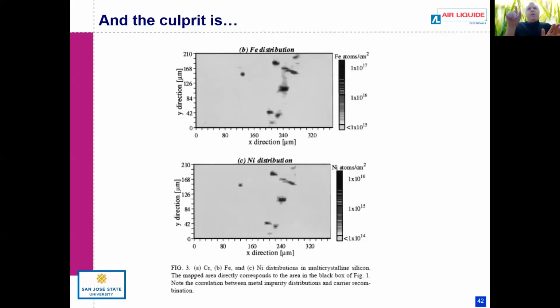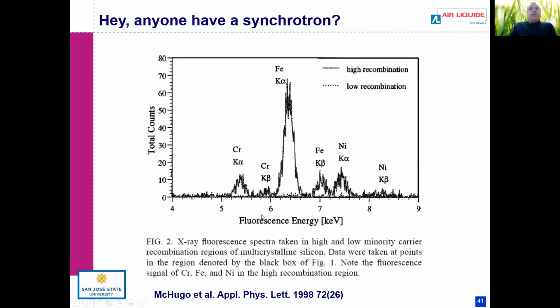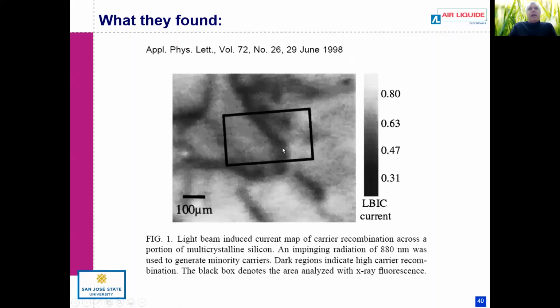So where the X-ray hits the wafer, you can localize these defects that are full of iron and nickel, right?